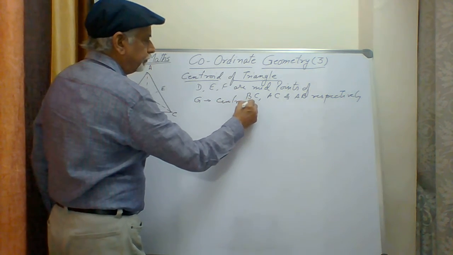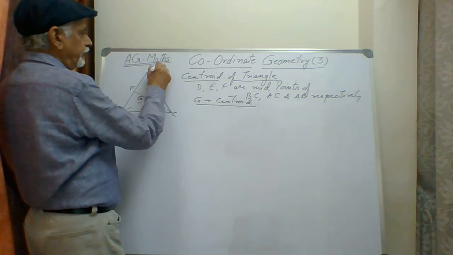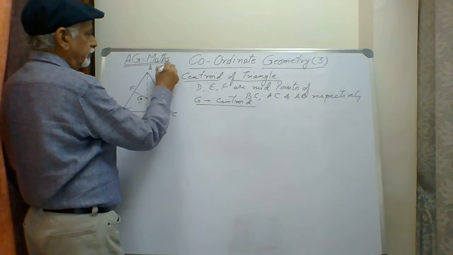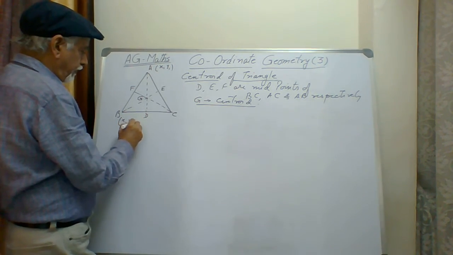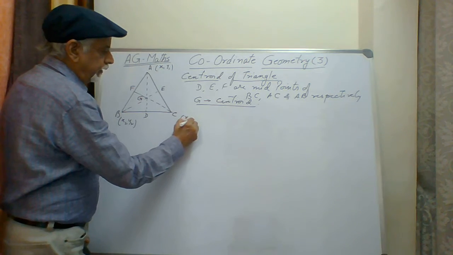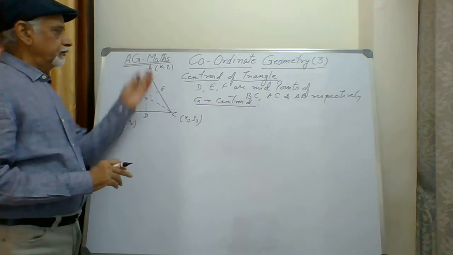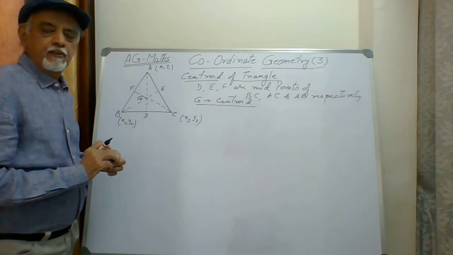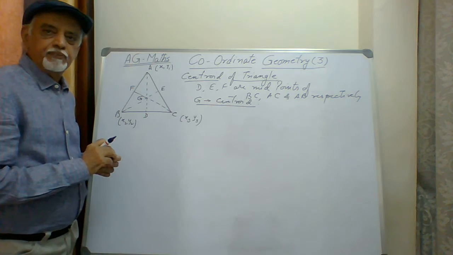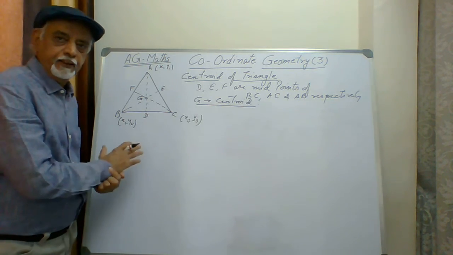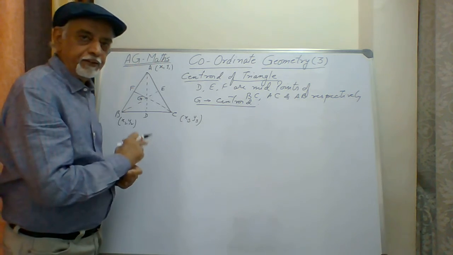And we need to find the coordinates for G when we know that A is x1 y1, B is x2 y2, and C is x3 y3. The three vertices of a triangle have the given coordinates, and there is a point inside the triangle, G, which is called the centroid.